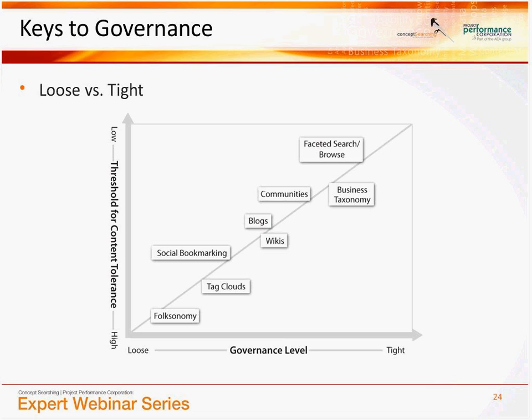This is a lot more loose, and it works really great in social media and the World Wide Web. Folks on blogs and Wikipedia, a lot of these social media sites are really good at leveraging looser forms of governance because the abundance of people and opinions in bulk help to self-correct some of these things.